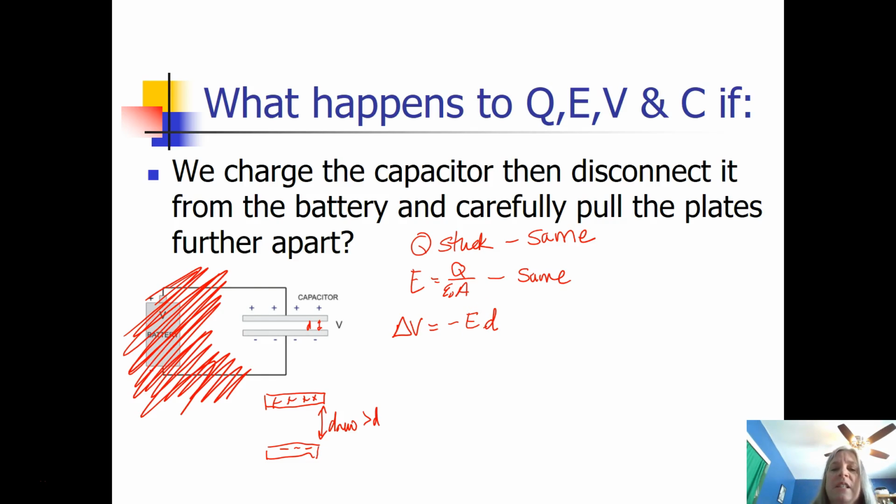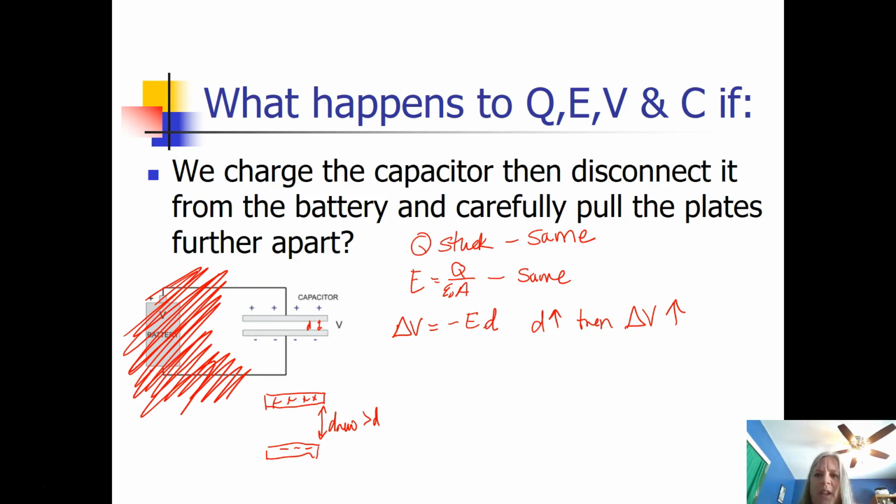So if d increases and the E is the same, that means that the voltage difference has to also increase. So because of this equation, our voltage is going to go up.